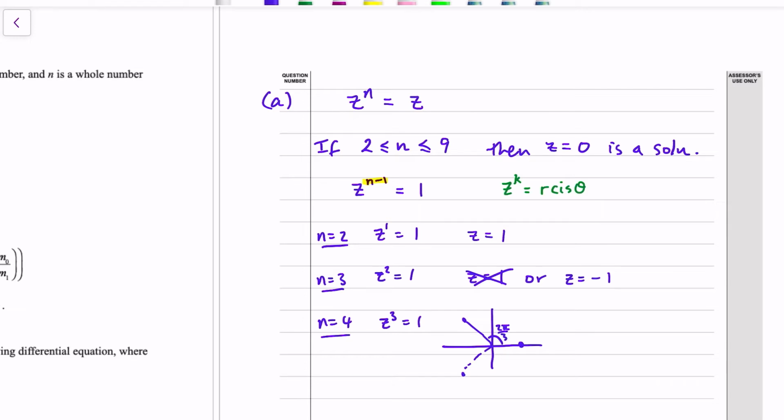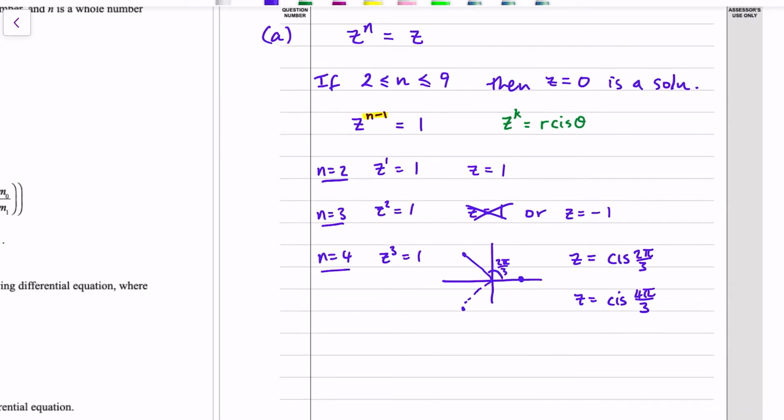So z is equal to 1, well, we don't need to include that because we've already got it. And the others are going to be z is equal to cis 2 pi over 3, and z is equal to cis 4 pi over 3, or negative 2 pi over 3, depending on which way you go with your argument.